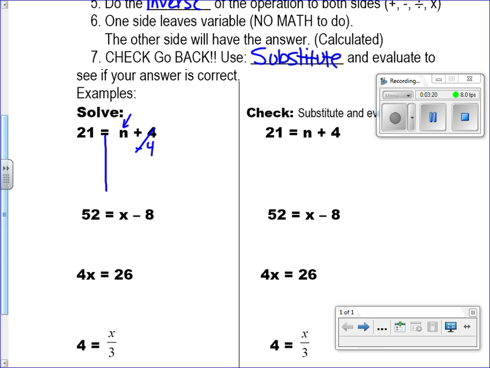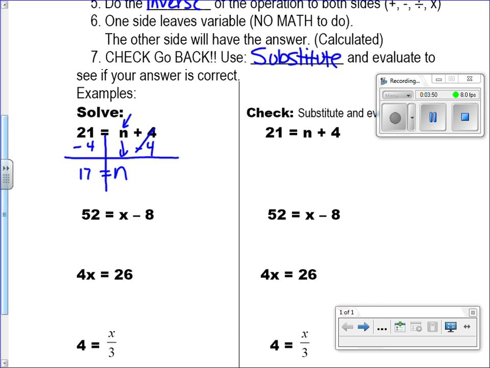That makes that go away. But because I subtracted 4 on this side, I've got to subtract 4 on this side as well. I'll draw a line. Now I have 21 minus 4, and I get 17. My 4's canceled out. Now I bring that n down. So I know n is going to equal 17.